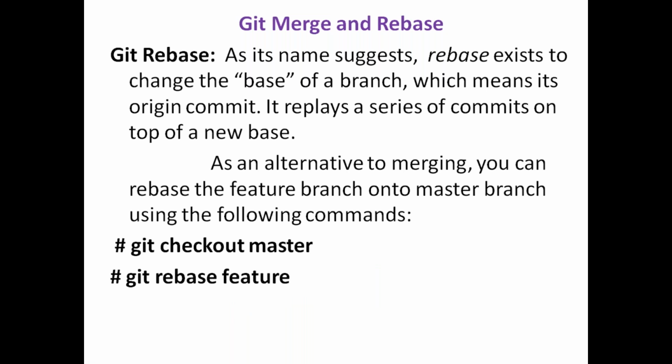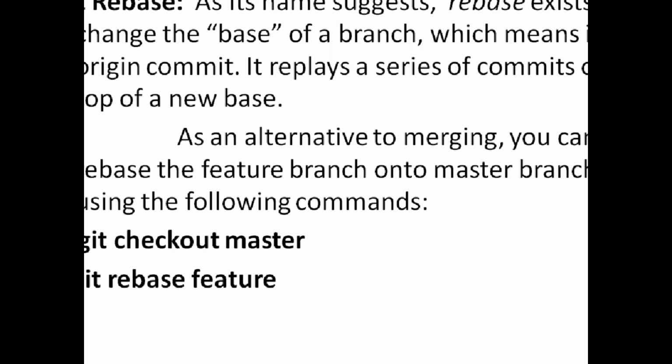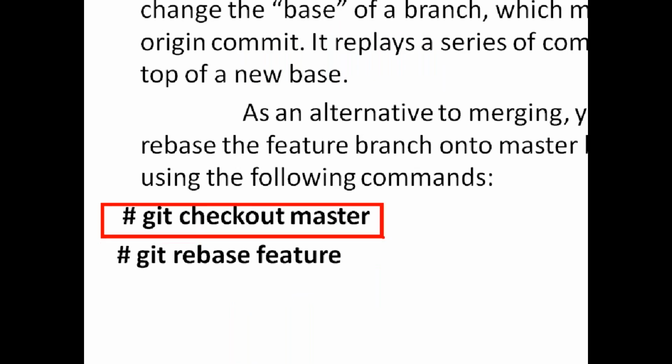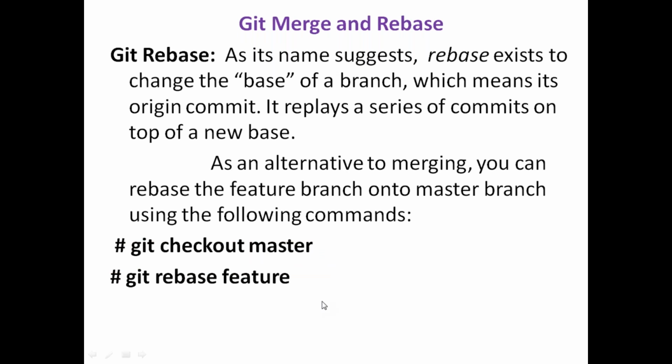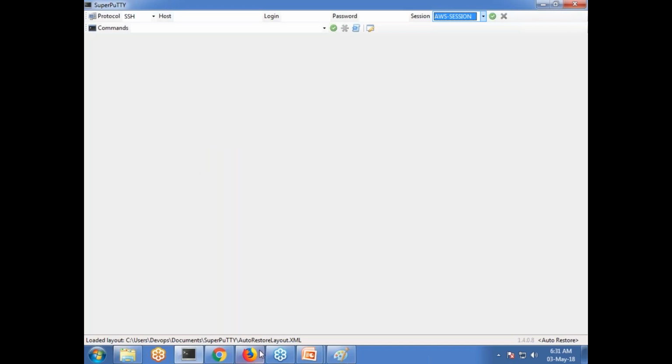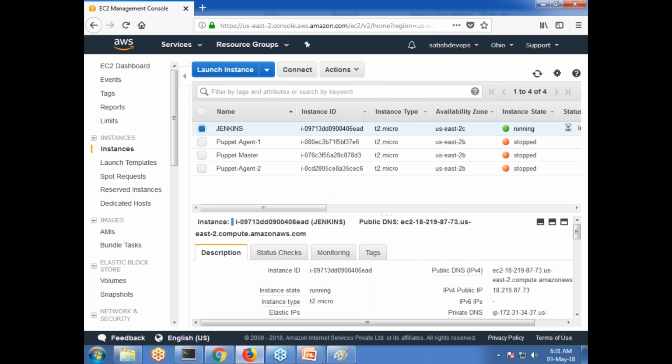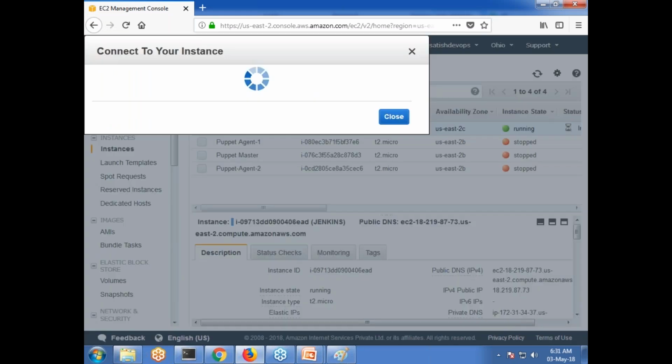Now, how does rebase work? Just see this one. First, we check out to master, we move to master, and use the command git rebase to rebase the feature branch. So let me do this. Yes, the machine is started, so I'll connect to the machine.